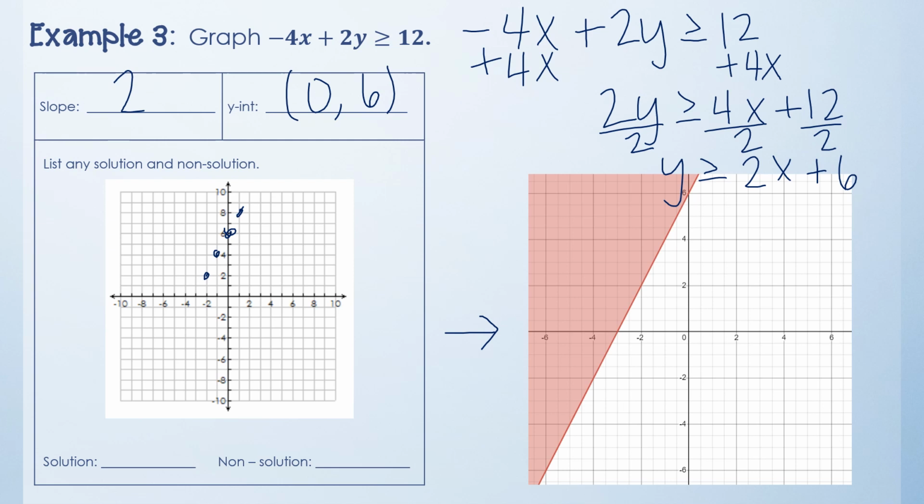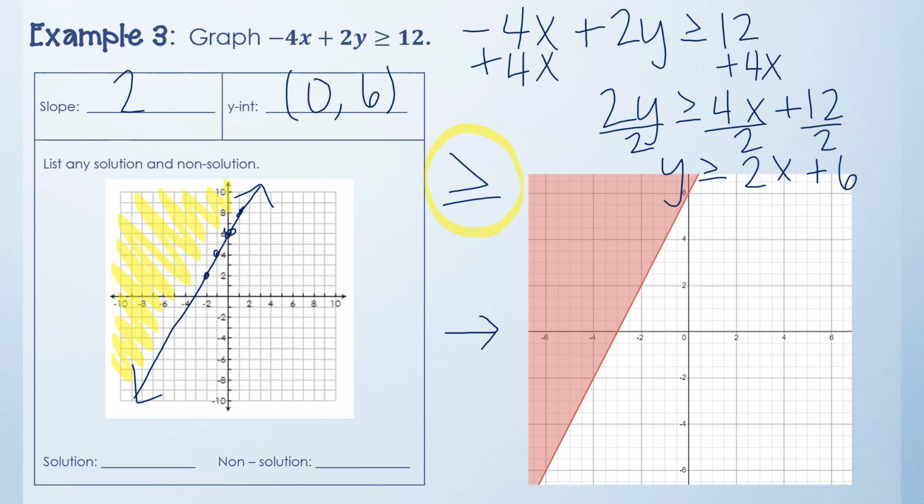Okay, and then this inequality is greater than or equal to, which means that this should be a solid line. And my shading, because this inequality is greater than, my shading will be above.